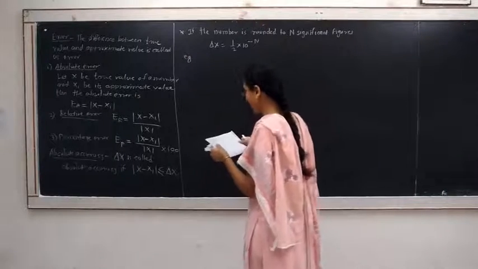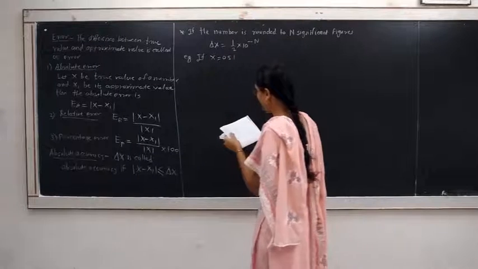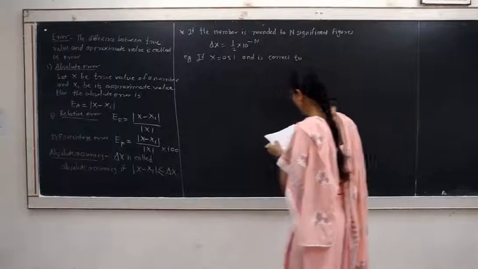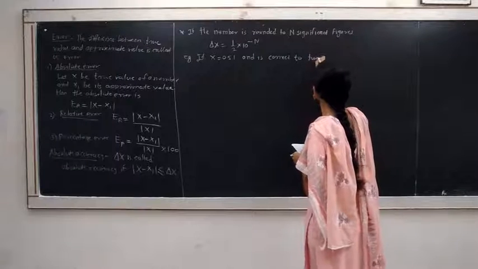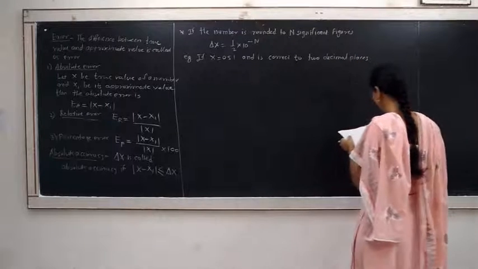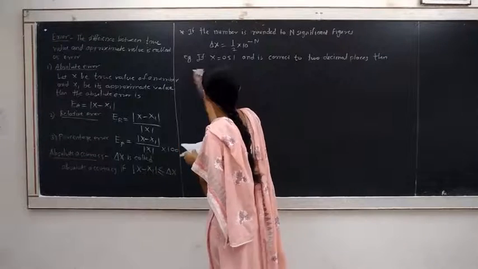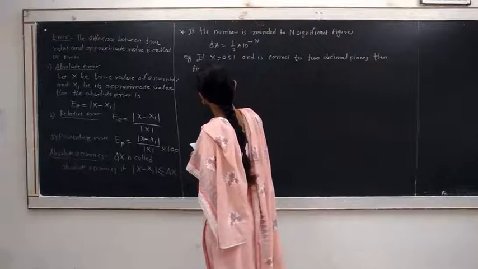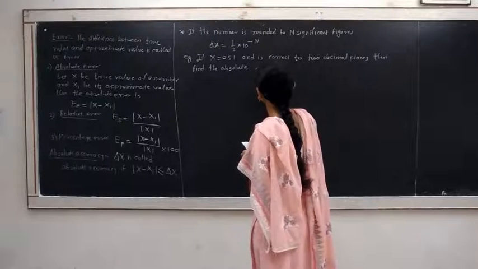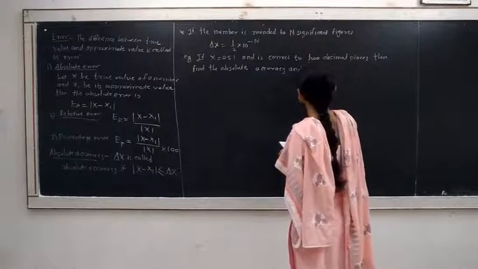The example is, if x is equal to 0.51 and is correct to two decimal places, then find the absolute accuracy and relative accuracy.